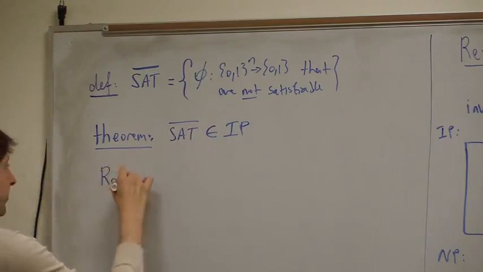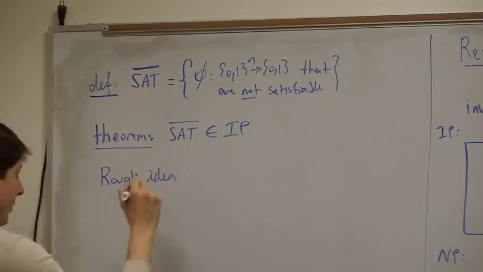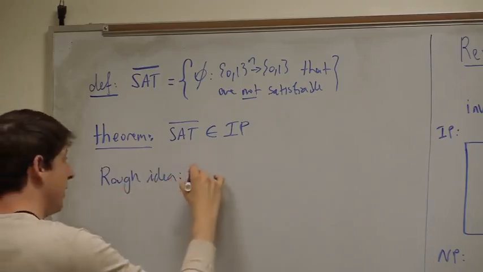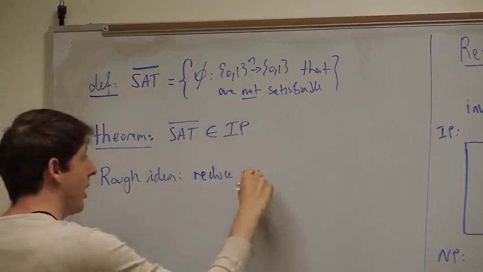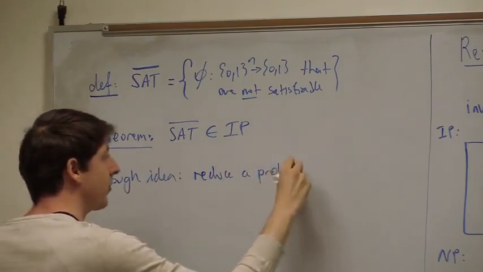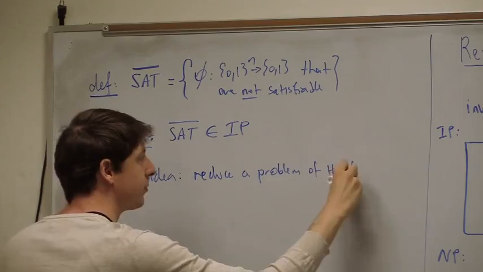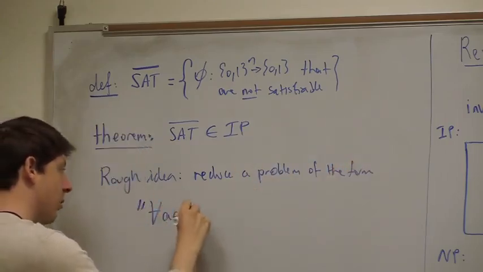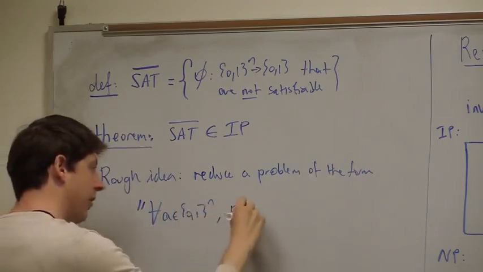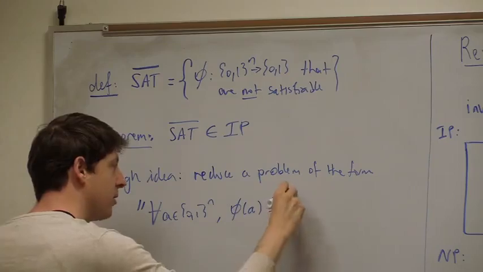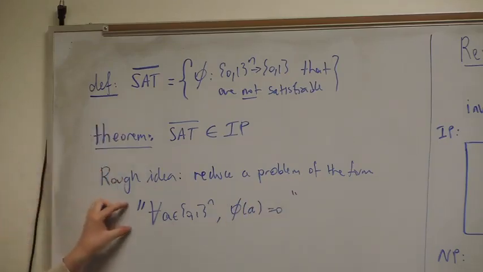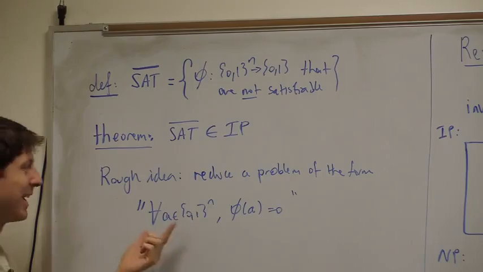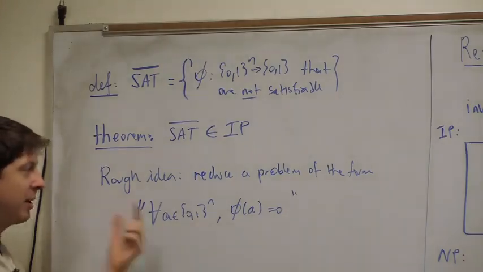Now, the rough idea is that you're going to reduce a problem of the form: for every a in {0,1}^n, phi of a equals 0. This is exactly what it means for the formula to be unsatisfiable. And by the way, this type of condition seems very unlike NP.